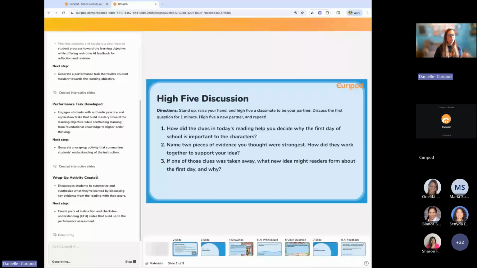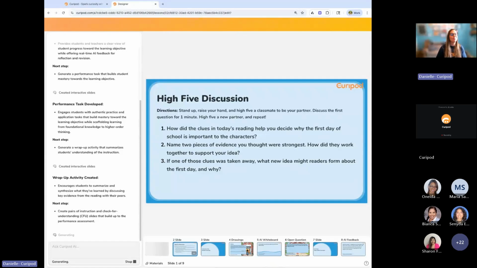So you're ensuring that you're helping that student build their knowledge and skills throughout the lesson so they can be successful. You're also going to notice checks for understanding throughout the lesson. So that way, if you're 5 minutes into this lesson and you do a check for understanding, you'll know right away if your students are understanding this concept. That is incredibly important because you don't want anyone getting left behind in the beginning.